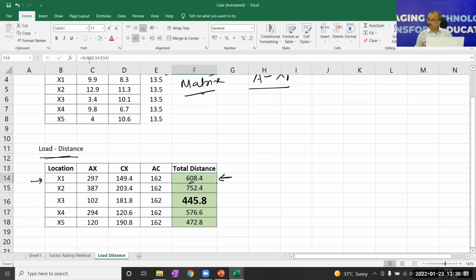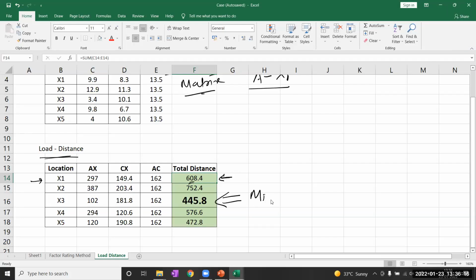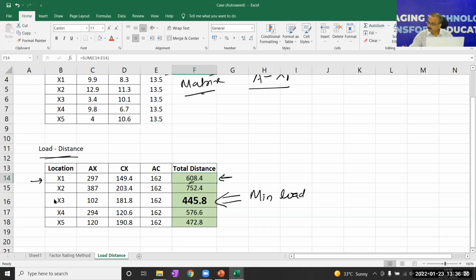And which will be the decision, or which location will you select? The one which results in the minimum load distance. So the minimum load distance location is X3. Location X3 will be selected. Okay.